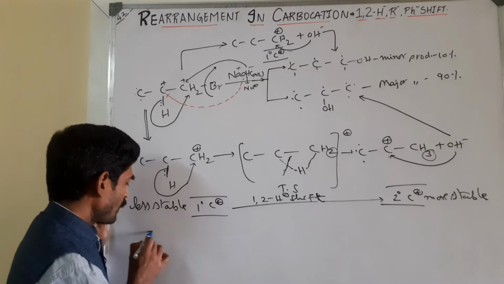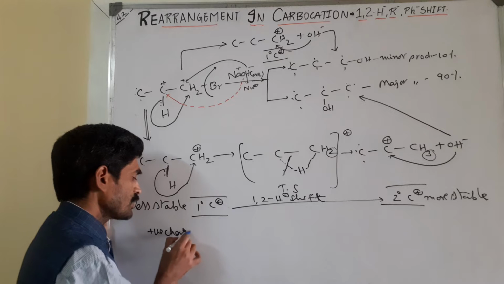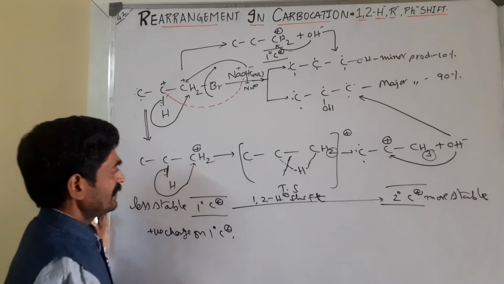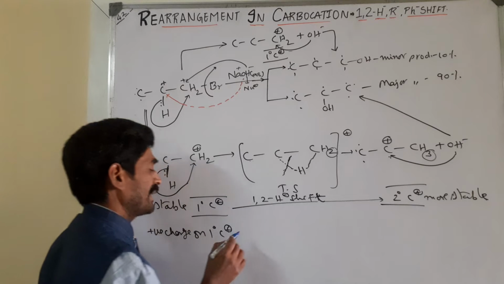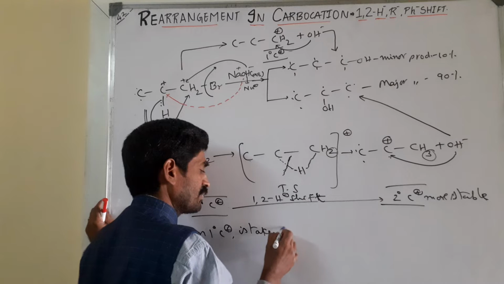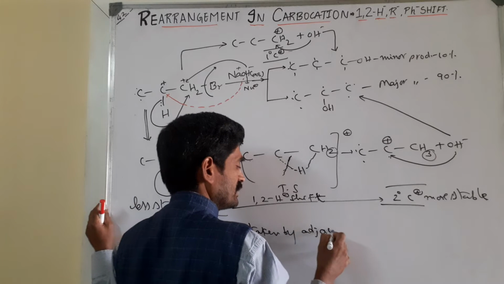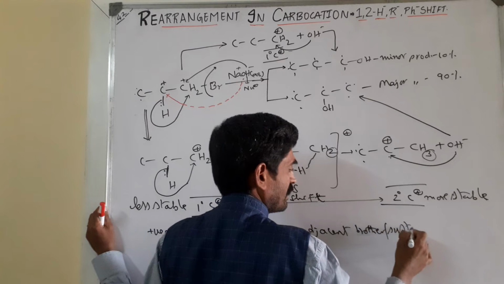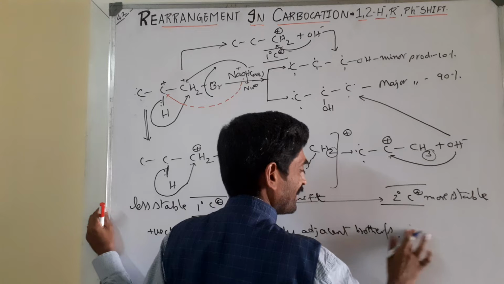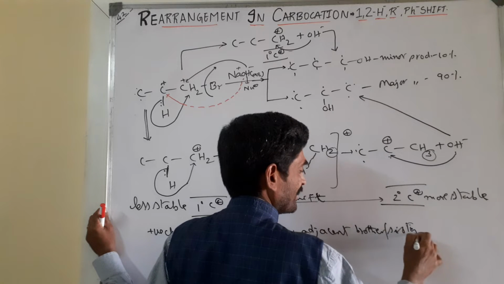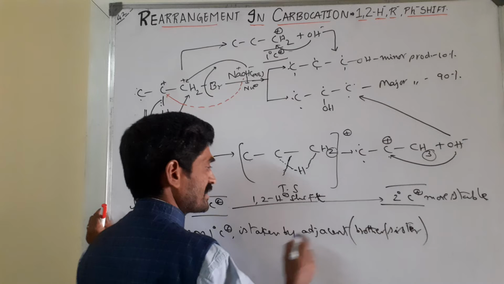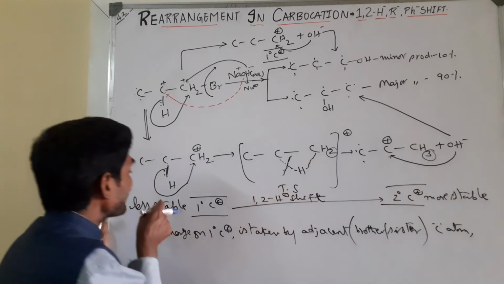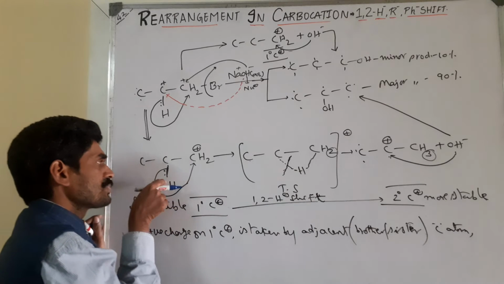That means the positive charge on the primary carbocation is taken by the adjacent carbon atom, the neighboring one, the brother carbon or sister carbon, right? Which in turn gives atoms or groups to that atom.